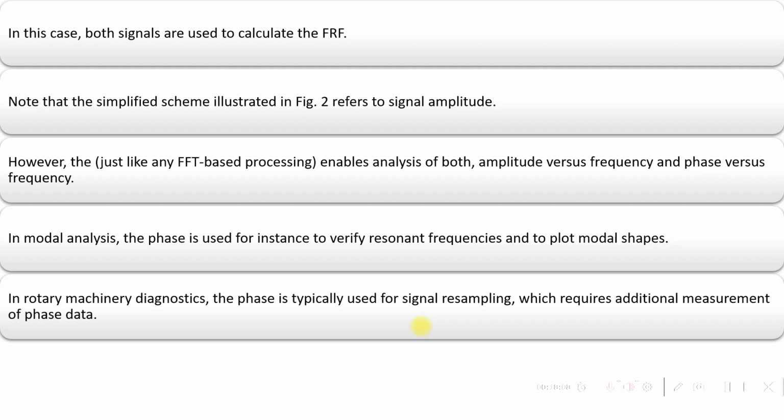In rotary machinery diagnostics, the phase is typically used for signal resampling, which requires additional measurement of phase data. So normally in rotating machines, the phase analysis will be done, especially for signal resampling. Resampling means taking exact samples of the signal.